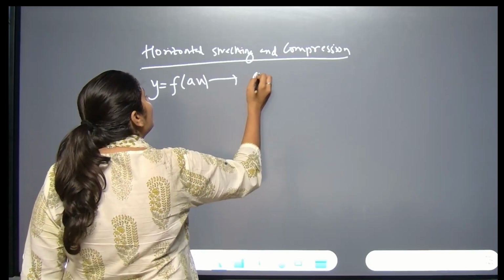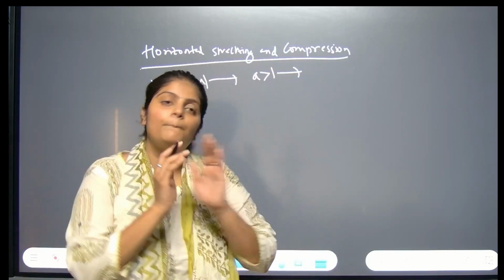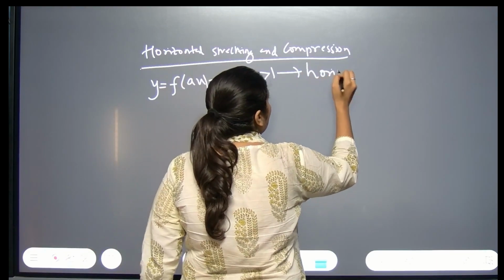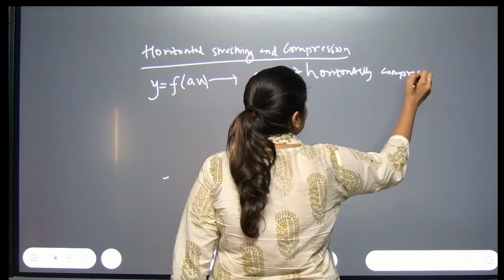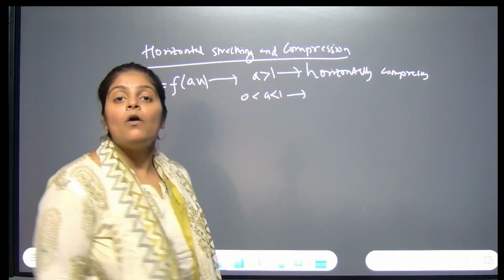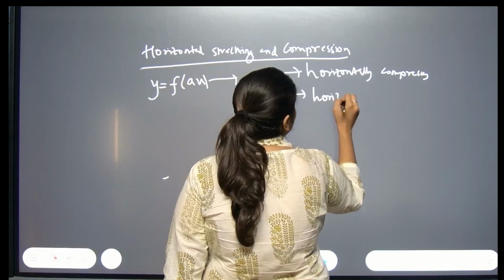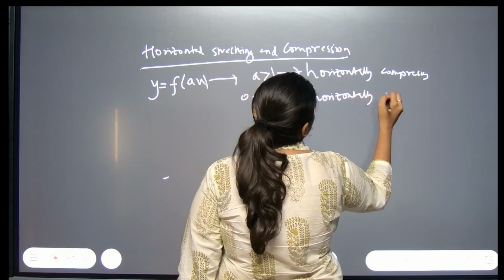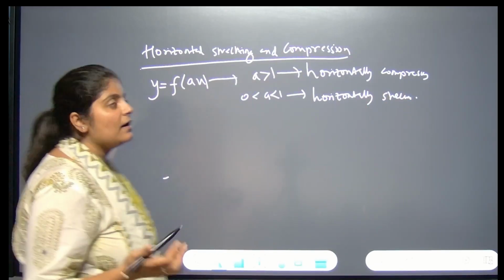If a is greater than 1, the graph horizontally compresses. And if a lies between 0 and 1, the graph horizontally stretches. Right?